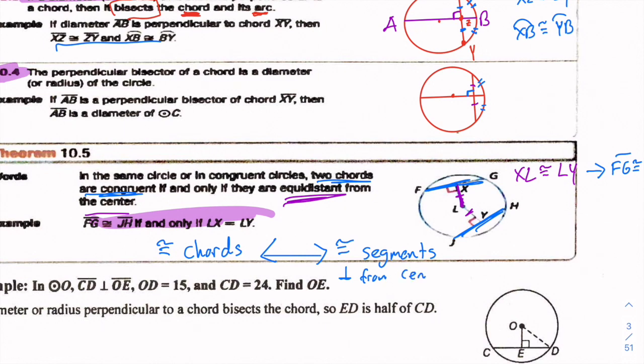It's kind of wordy, not a fan of this. But the key part has to be perpendicular. You can't just say, oh, look, from center to that and to this, right? You can't compare that. It always has to be compared forming a perpendicular line. So just keep that in mind.